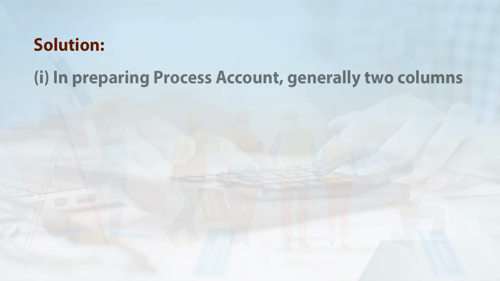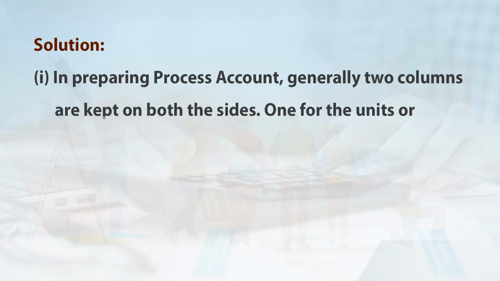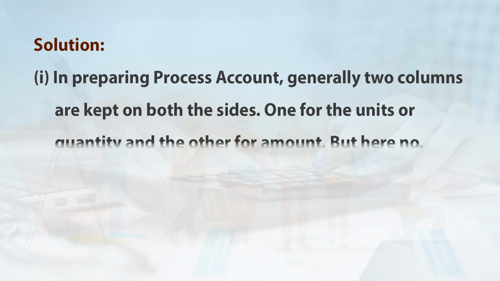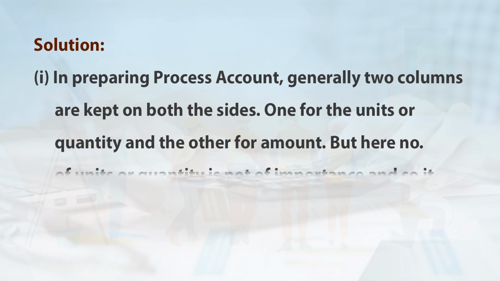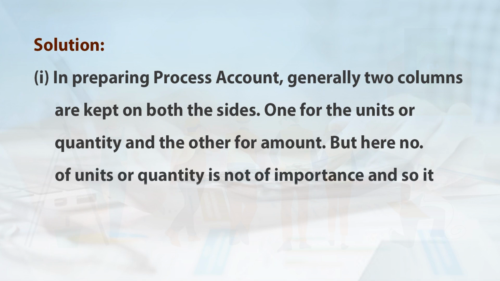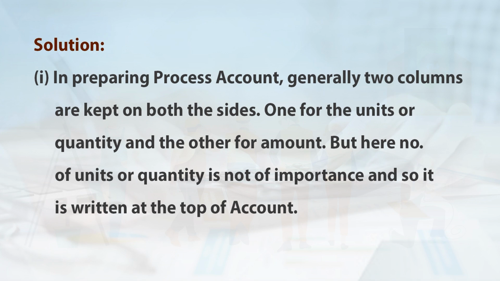Now, let us prepare the solution. Consider that first, in preparing a process account, generally 2 columns are kept on both sides, one for units or quantity and the other for amount. But here the number of units or quantity is not important, and so it is written at the top of the account.